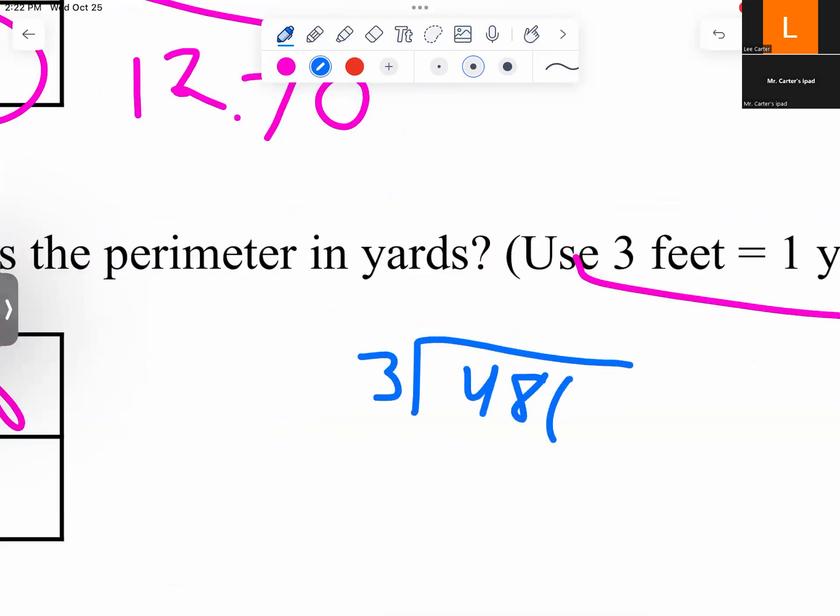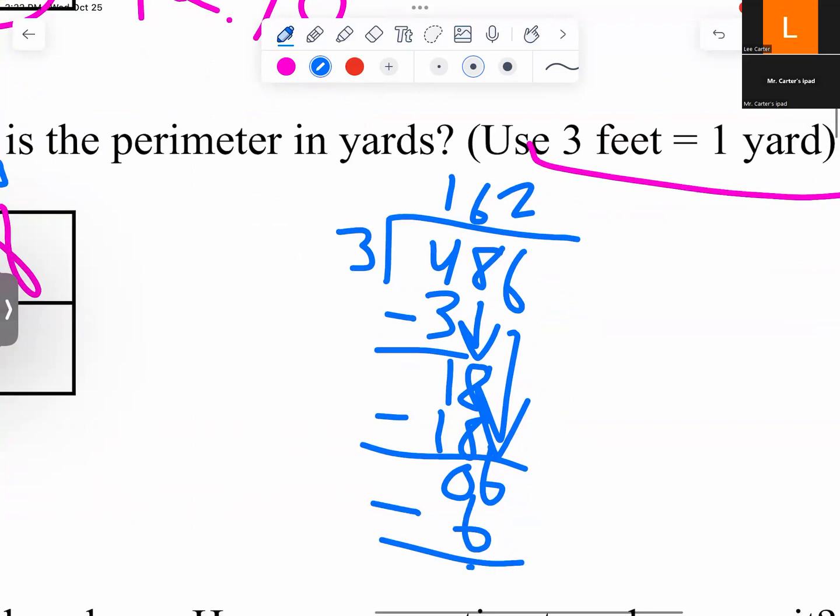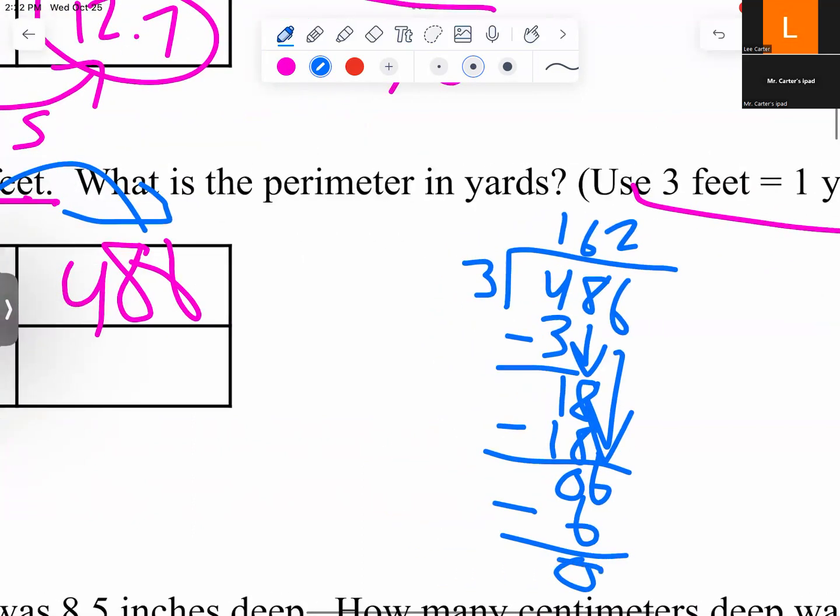This is the other type of question we have on here today. 3 times 2 is 6 and 0. So that's times 162.